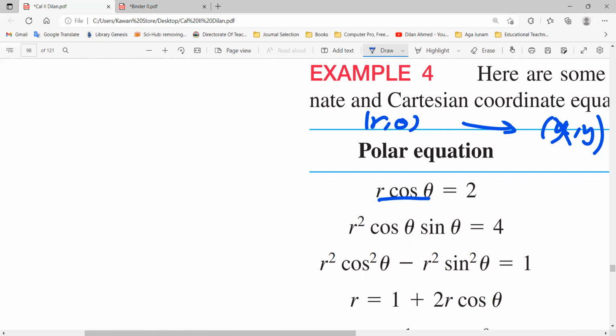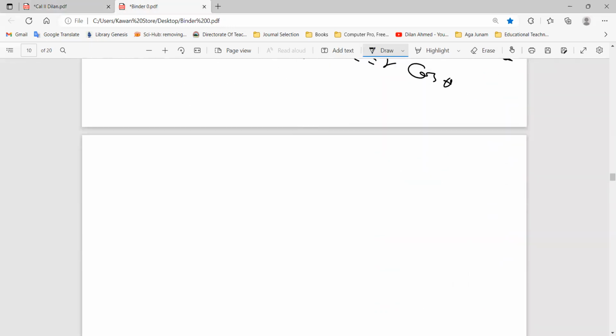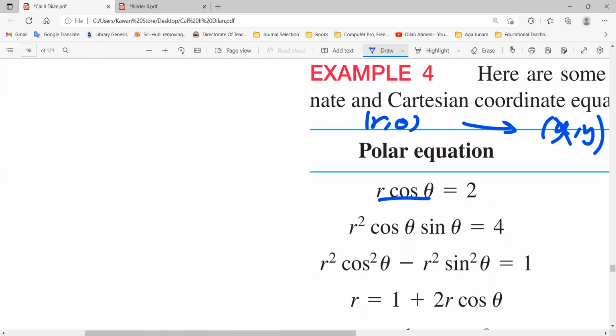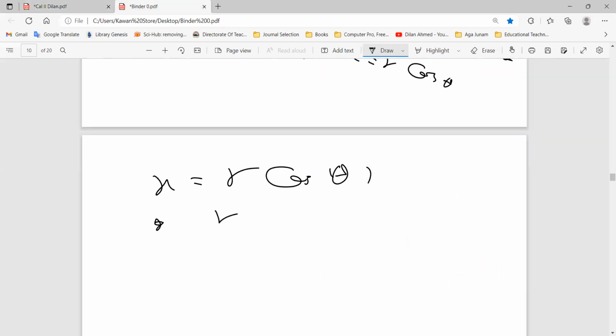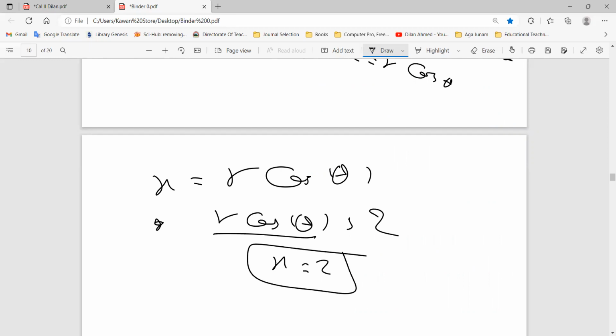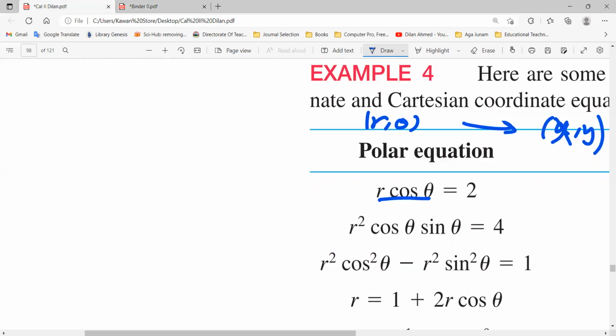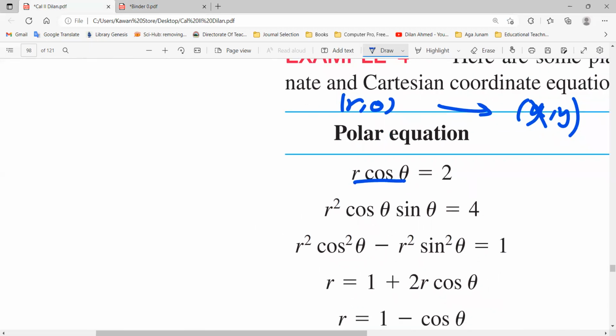We say x is equal to r cosine theta. Now I have r cosine theta equal to 2, so it means that x equal to 2. Understood? How about the second one? How do we change that one?